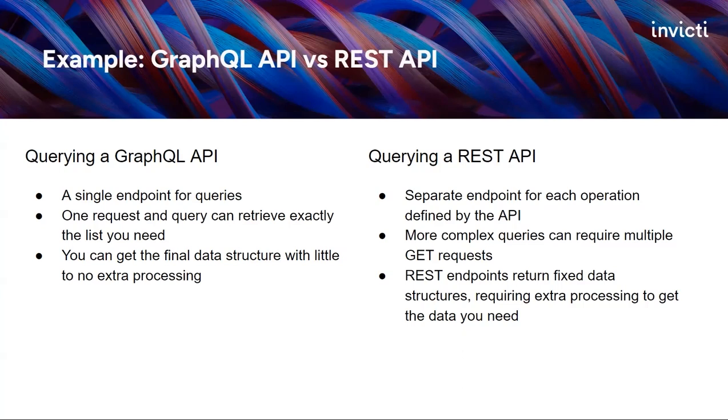So the data you want may be in some data structure that also gives you some completely unrelated data that you don't really need for your purpose. One example would be a user object that contains not only the first and last name, but also the email address and so on, which you wouldn't need for a simple display function in a welcome message, for example. So while both give you the data you ask for, it's a little bit more complicated in REST.